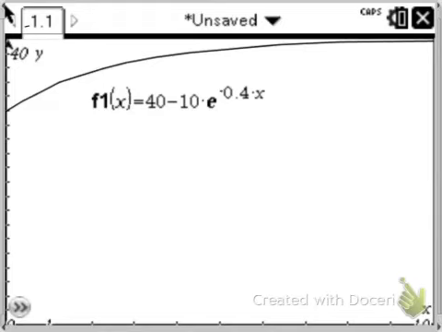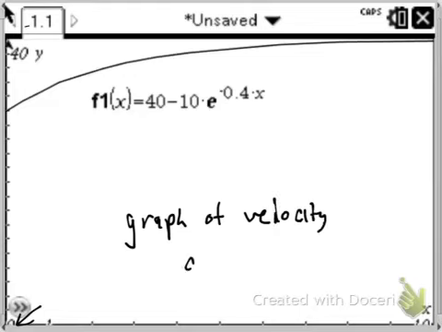But I've kept the axes in. I've gone from 0, you can probably see the 0 down there in the bottom left-hand corner. And I've got my graph there. That's the graph of the derivative. That's the graph of velocity, because remember, dx/dt is our equation for velocity.